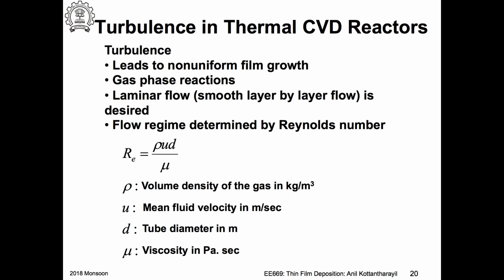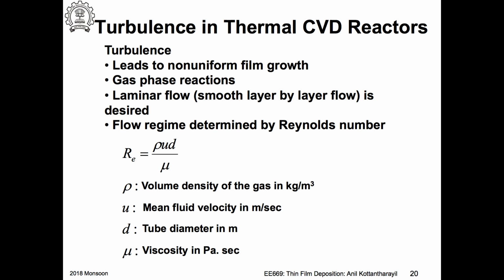So this is a slide you have already seen. You have flow through a tube, and then you can have turbulent flow, which can lead to non-uniform film growth, and especially in this case the flux of the reactants through the gas medium is very important.